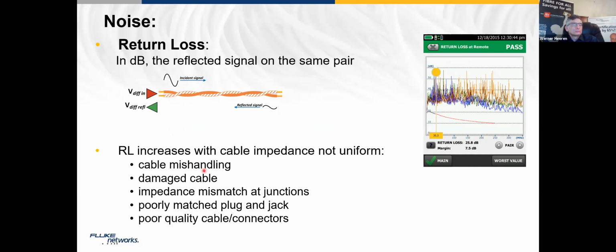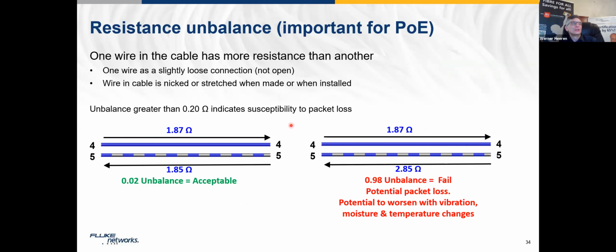This could happen with bad quality or damaged cable, or a poorly matched plug and jack, so not only the cable but also connectors could have an effect on your return loss. This is a typical measurement. You see the graph here for the different pairs, the limit, and in this case it is a pass. So you can test this before, during and after the installation to make sure it is properly done.